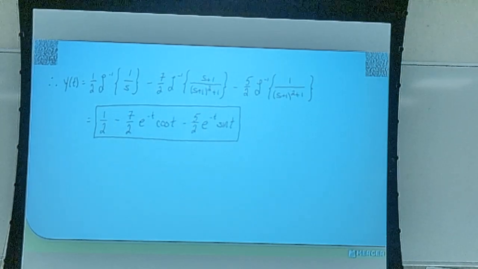Just for fun, what's the particular solution? One half. Which means your complementary would have been c1 e to the negative t cosine t plus c2 e to the negative t sine t. Use that. What were the roots of the auxiliary equation then?